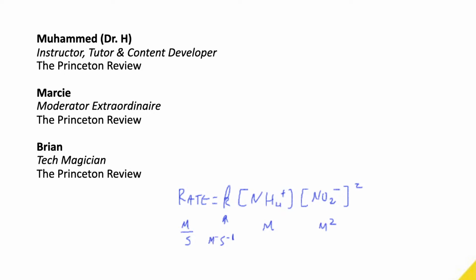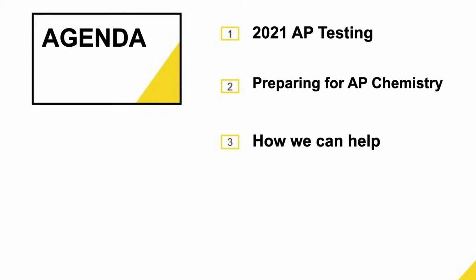So K has units of mole to the -2 seconds to the -1. I think what I did yesterday is I put the wrong units here, so I wanted to correct that today. You actually do have the right information. So let's get started on today's session.